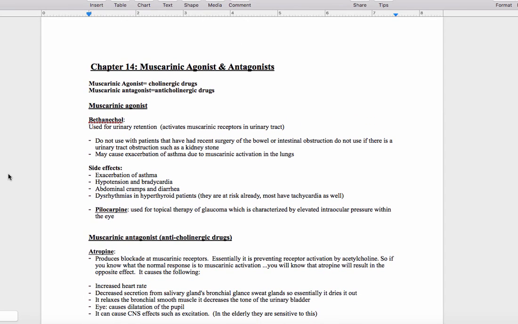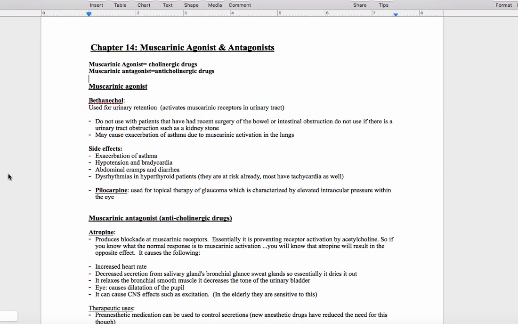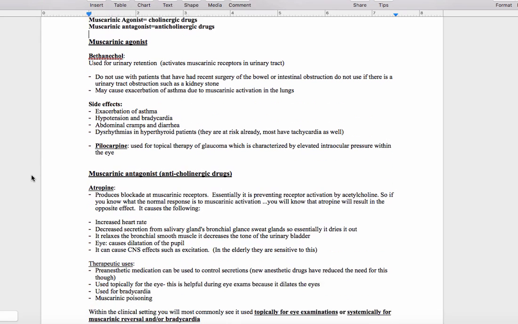So this is a good outline of where I would like you to focus on the muscarinics for Chapter 14. When I was going through the PowerPoints in the lecture, I felt like it was a little bit too much, and this is a better way of getting you to focus on the specifics that I feel you should know. So Bethanechol, just be familiar with it. Pilocarpine, just be familiar with the muscarinic agonist class and how it relates to the parasympathetic nervous system.